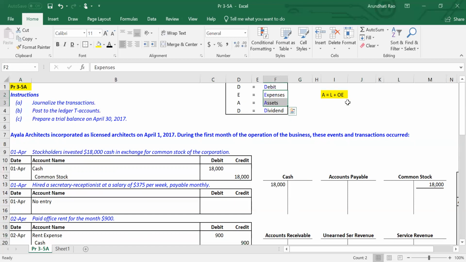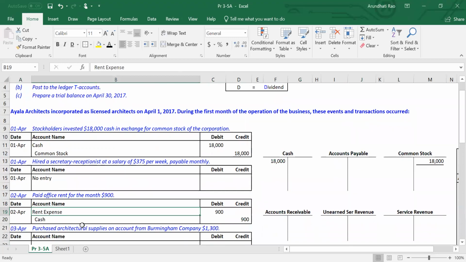So let's see if our accounting equation stays good. Cash decreased, so the asset went down. No effect on liabilities. Owner's equity, did it increase or decrease? Expense decreases owner's equity. So both sides of the equation went down by $900 when I paid out cash for an expense.